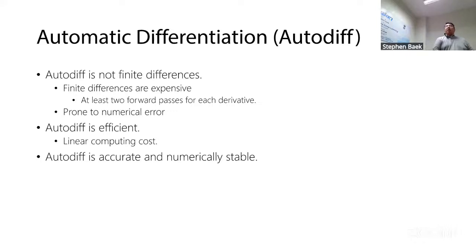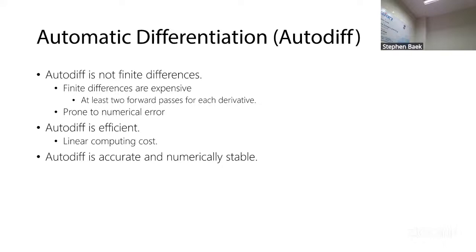So AutoDiff, a few remarks. AutoDiff is not a finite difference or numerical derivative. Same thing as backpropagation. In backpropagation, we saw that it is strictly the chain rule. We're not approximating anything, so up to numerical precision, you have the exact theoretical derivative.